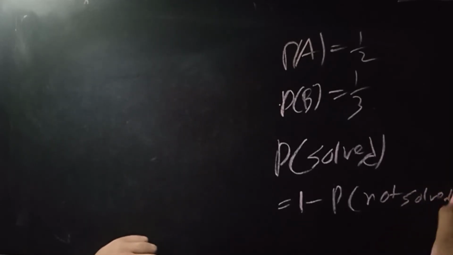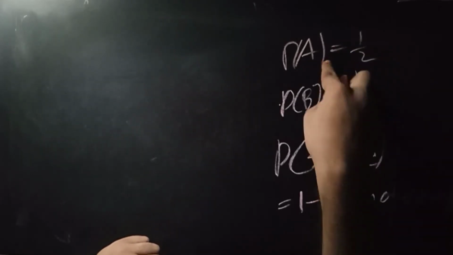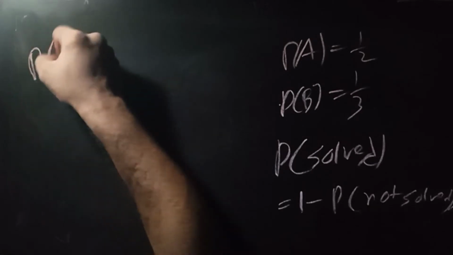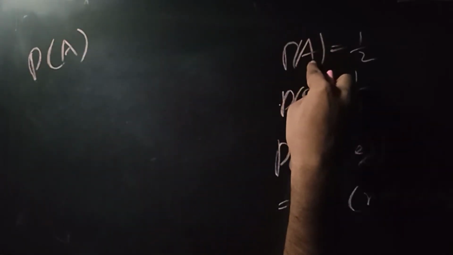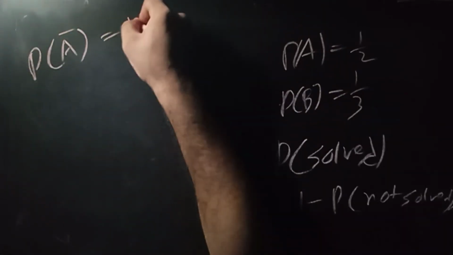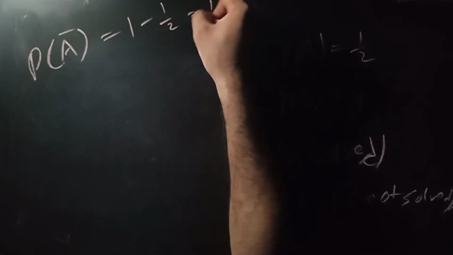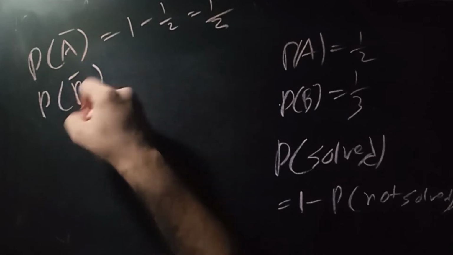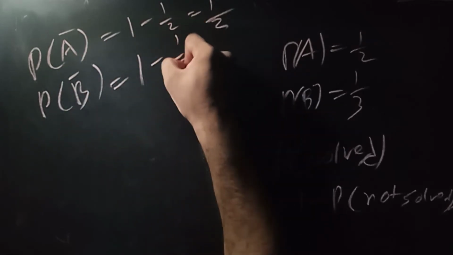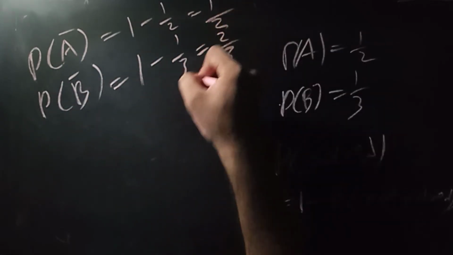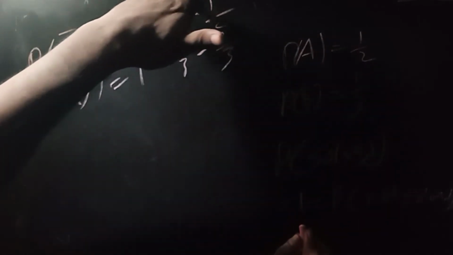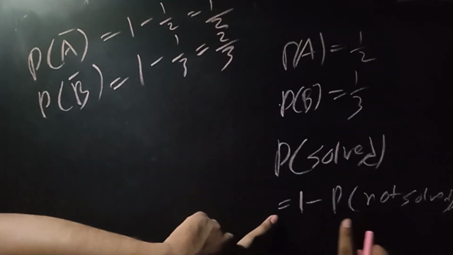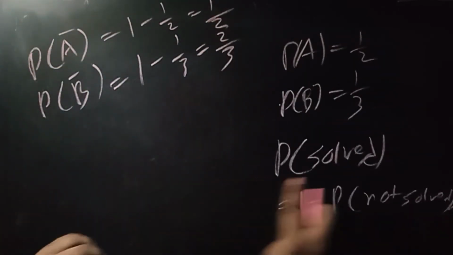Now this is just one case in which they both fail. So we have to find P of A bar. Since A is solved, A bar is not solved, which is 1 minus half, equal to half, and P of B bar, which is 1 minus 1 by 3, equal to 2 by 3. So we have to find P of not solved, P of solved.